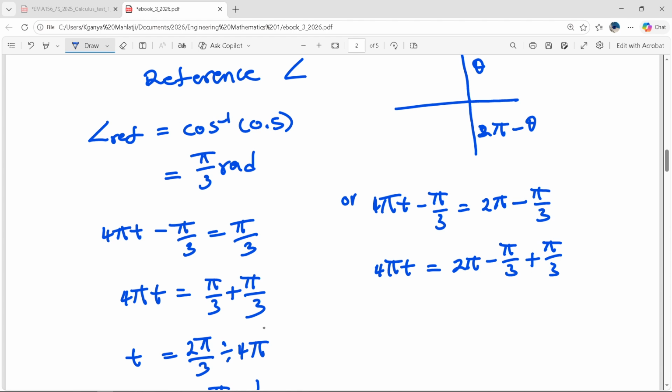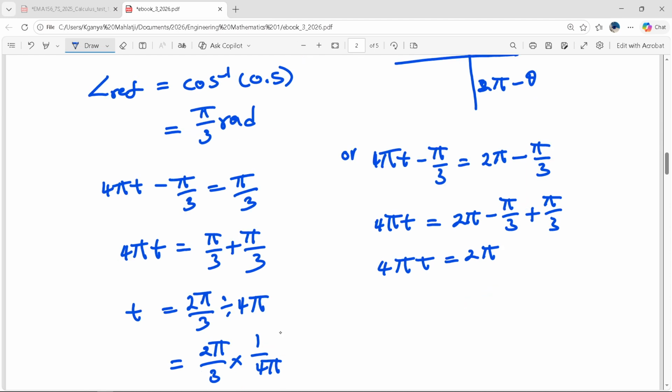Therefore from here you will have 4 pi t equal, let me double check, equal 2 pi. Therefore t equals 2 pi over 4 pi, which is 1 over 2 second.